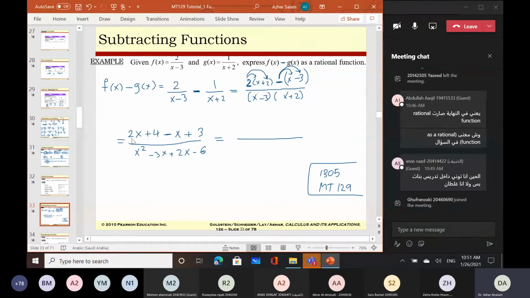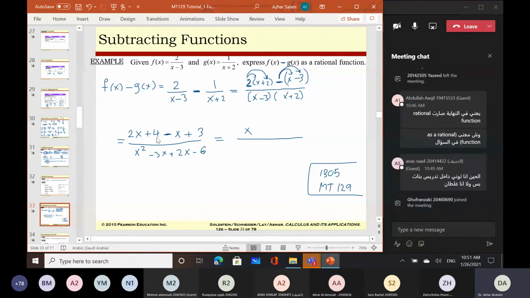Here in the top I have 2x minus x. I group the x terms together: 2x minus x, 2 minus 1, gives 1x.